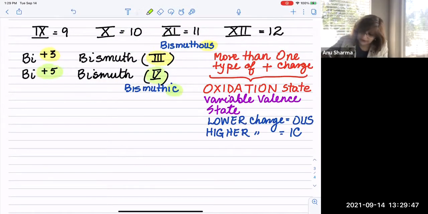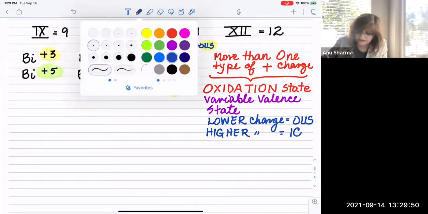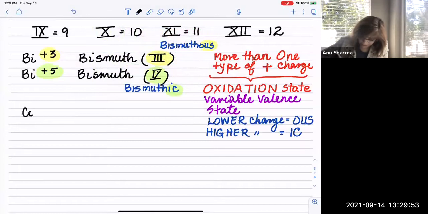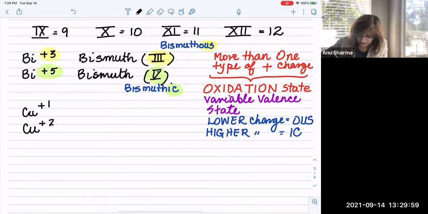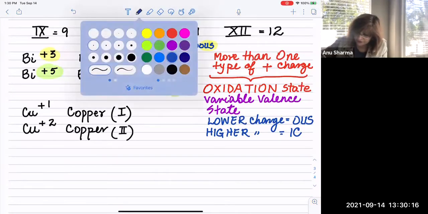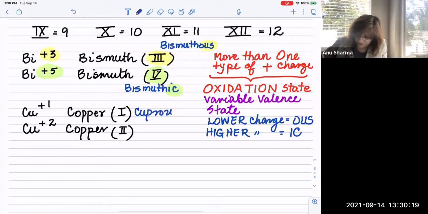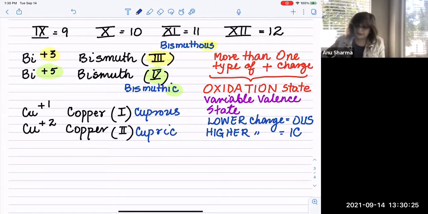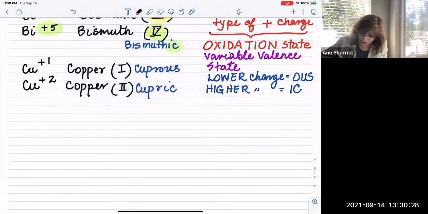Now let's look at another example, and again, this is specific to the element. For example, copper. Copper has a +1 state and copper exists in a +2 state. The +1 state we express as copper 1, also called cuprous, and this one is copper 2, called cupric. Next, let's look at iron.